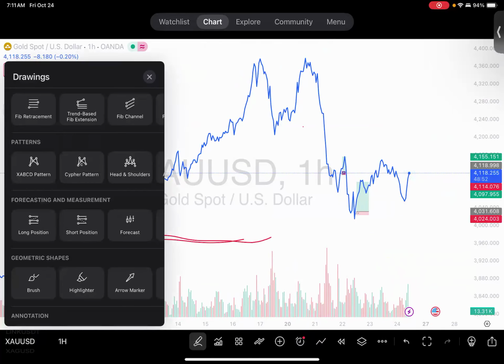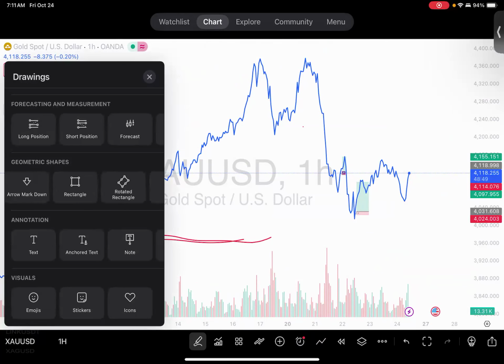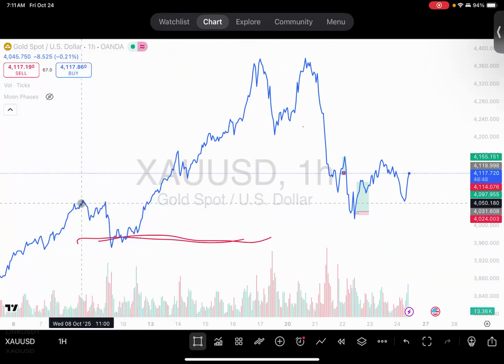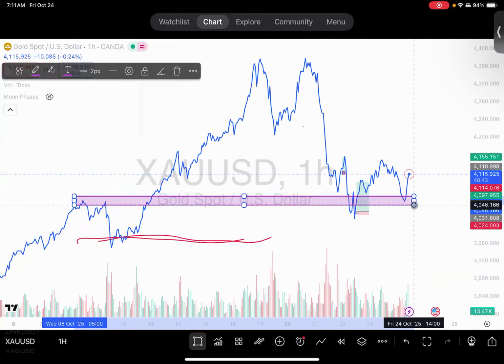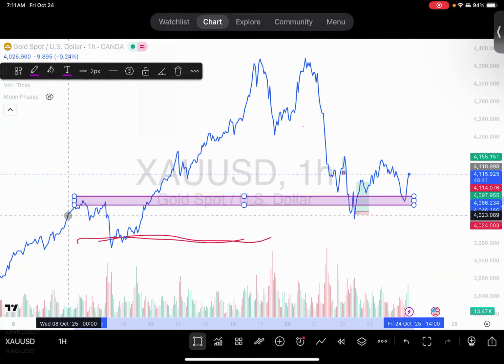We can see we have this area right here that the market has reacted off multiple times, 1, 2, 3, 4, 5, 6 times now. And this time right here would have been a beautiful area to get into the market.